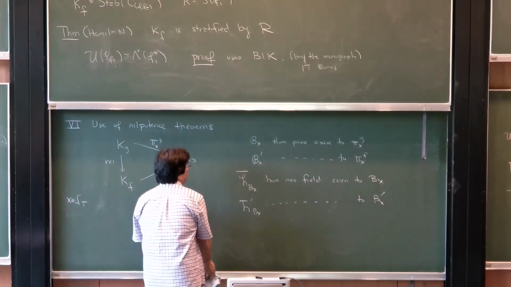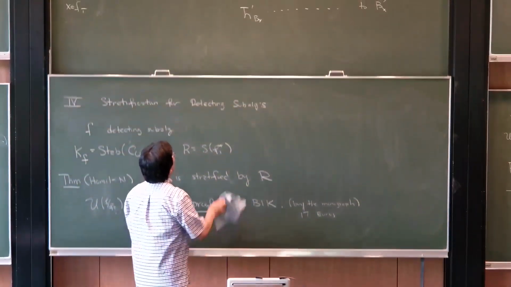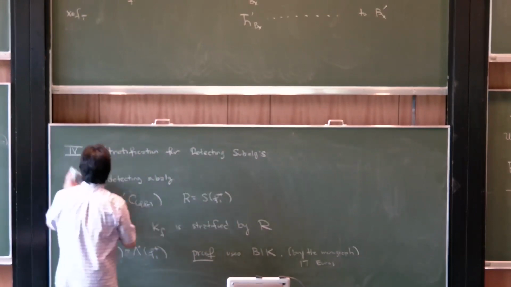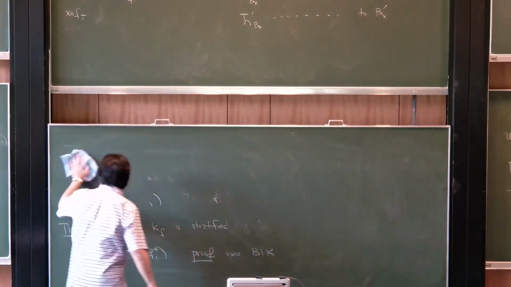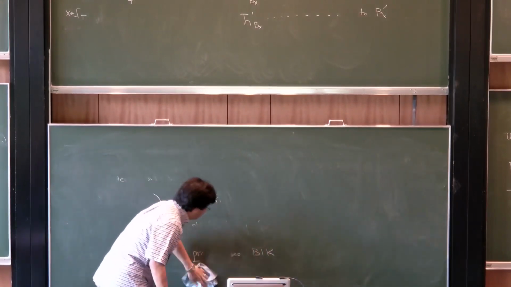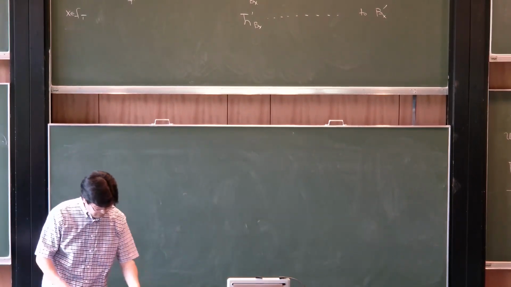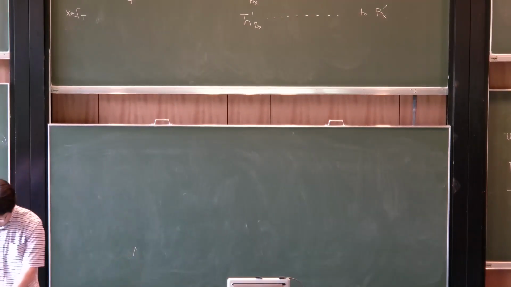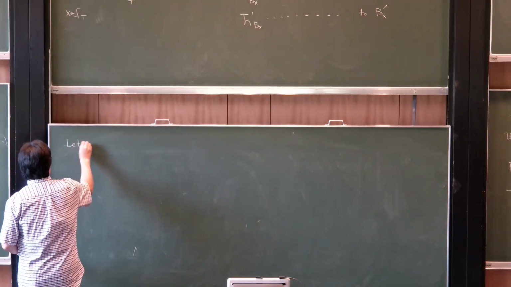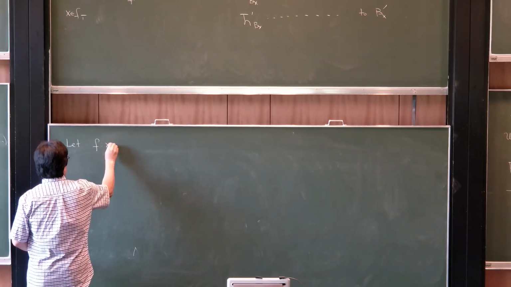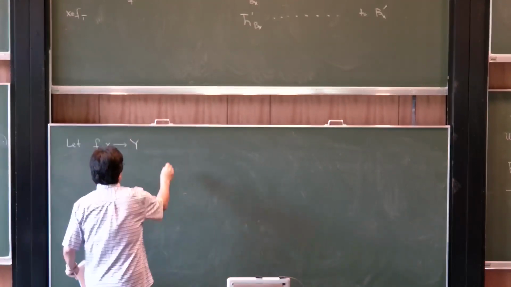So I think I can stay here. So here we go. All right, so the first thing is you let F be a map from a compact object to an arbitrary object.